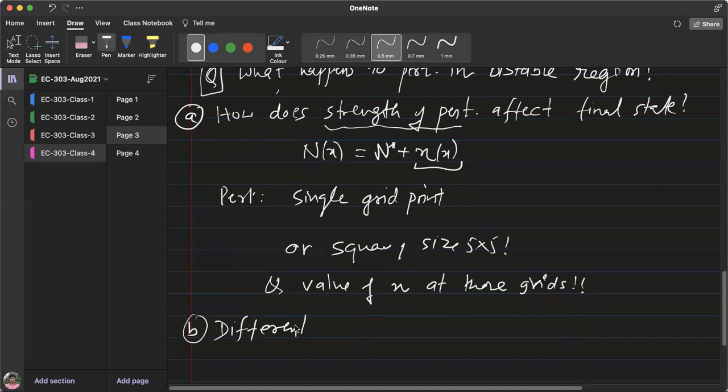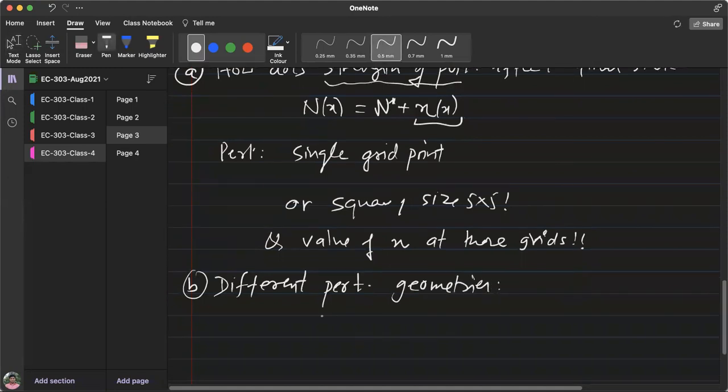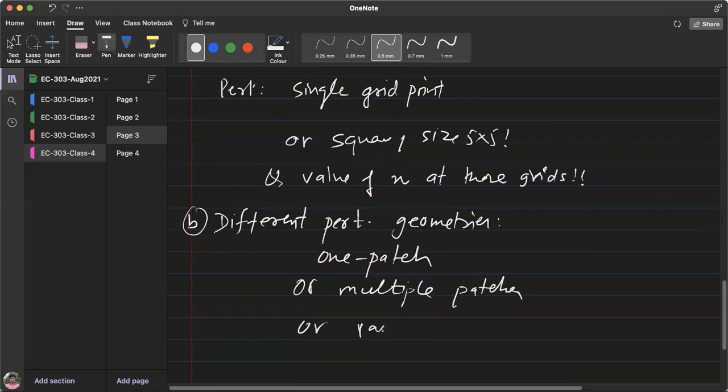Different perturbation geometries: one patch of some size, or multiple patches of perturbation, or even a random distribution. So you can try all of this.